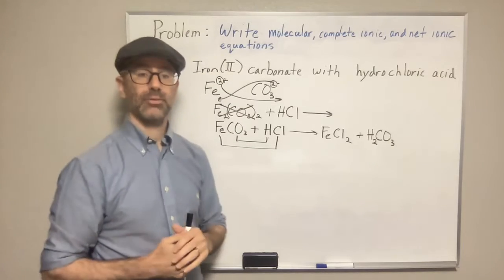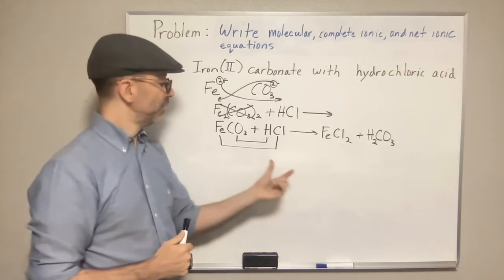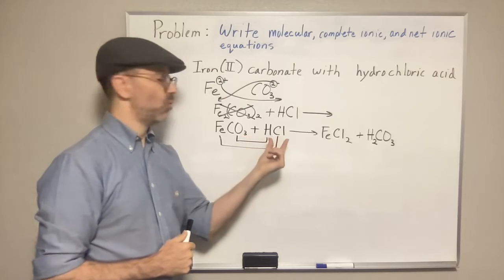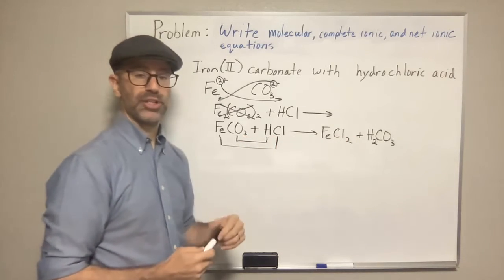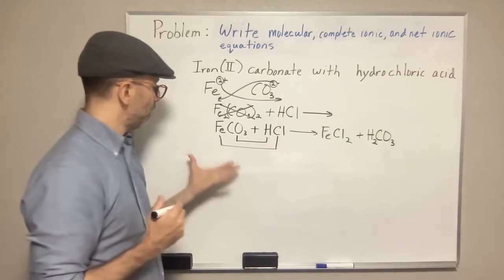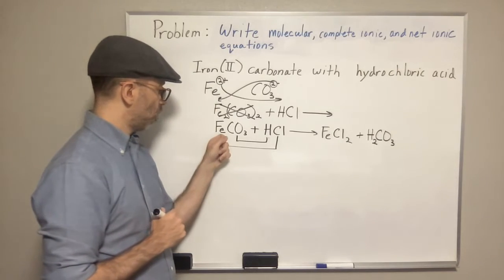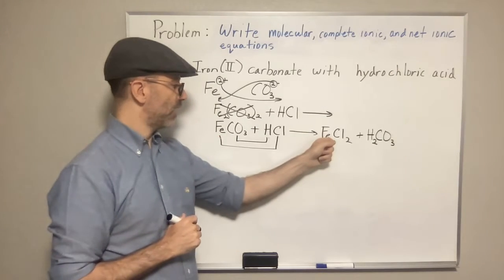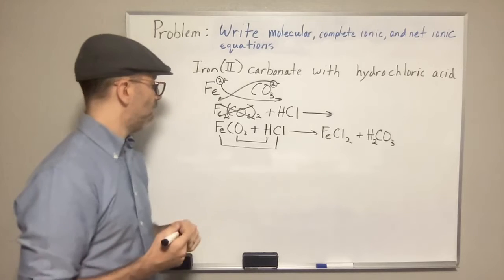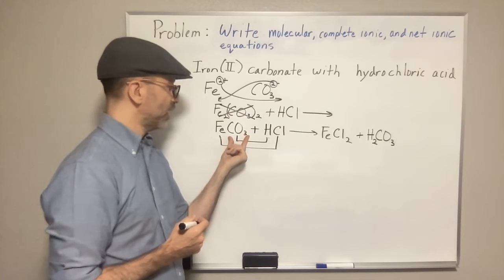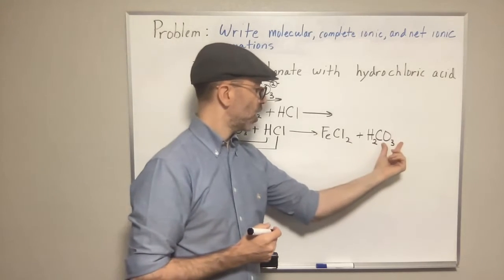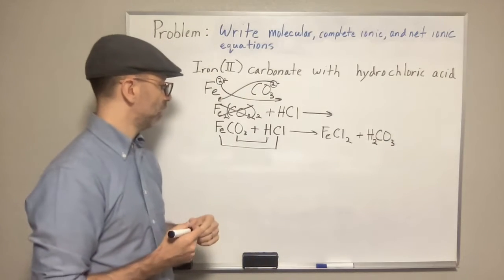So the next thing we need to do is balance the equation and then determine what the states of matter for each of these are. So let's go ahead and balance first. So I have 1 iron here, I have 1 iron here, so that's balanced. I have 1 carbonate here, I have 1 carbonate there, so that's balanced.